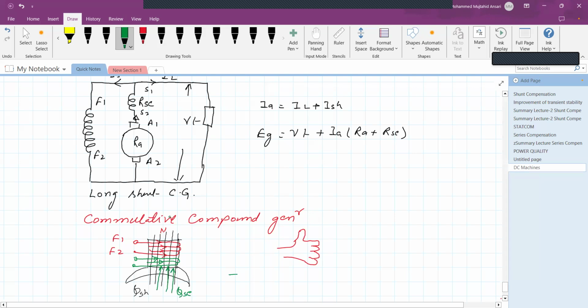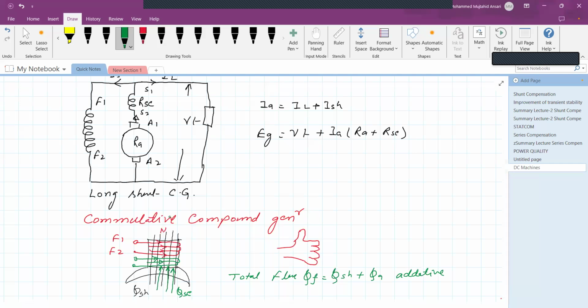So what is the total flux? Total flux phi T is equal to phi SH plus phi SE, and it is additive in nature, and therefore it is called a cumulative compound generator.